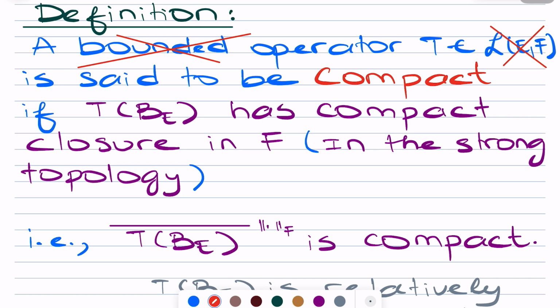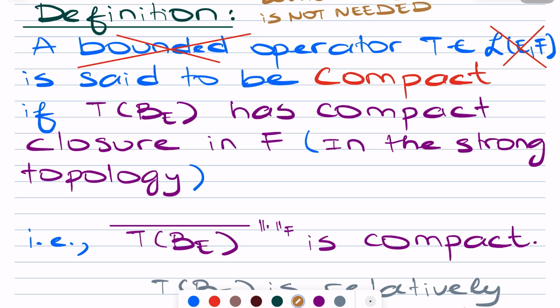As I said, the compact operator is already bounded, so boundedness is not needed.